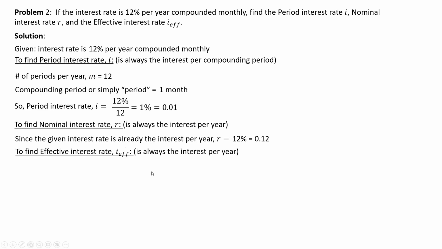Now the compounding period has changed. In the previous problem, it was 1 year. Now it is just 1 month. So the effective interest rate is going to change. And it is always the interest per year. And so once again, we'll use the formula. And now R is 0.12 over M. Notice this R over M is exactly the same as this I in this case.